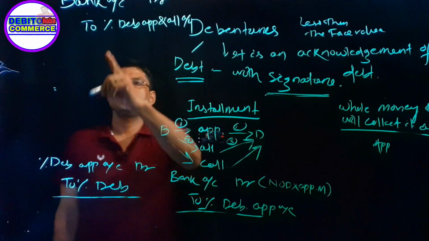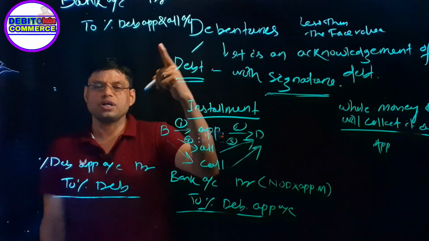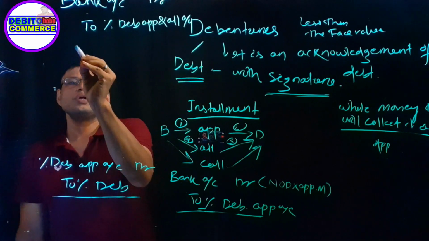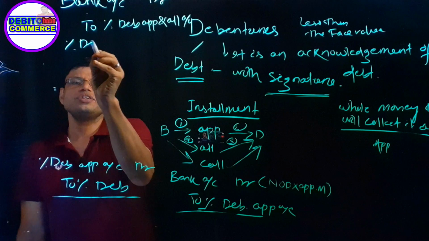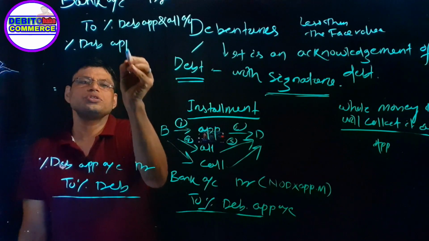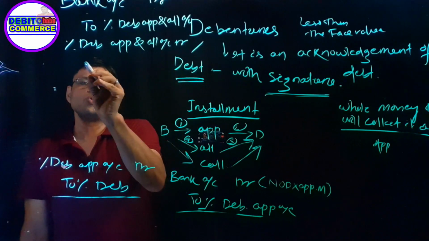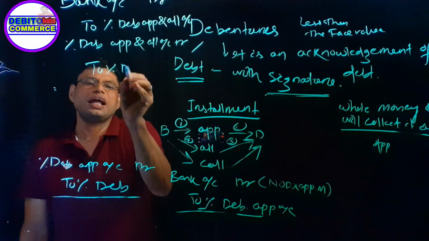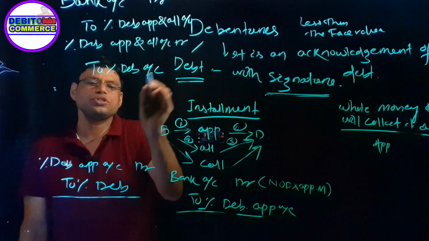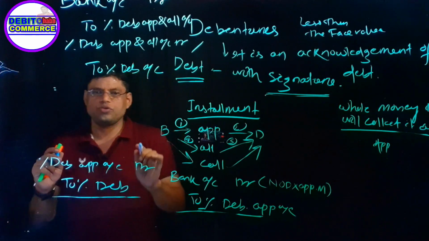Bank account debited to dash percent debenture application allotment account. The second entry will be dash percent debenture application and allotment account debited to dash percent debentures account. This is the entry. Once again, just remember the entry.